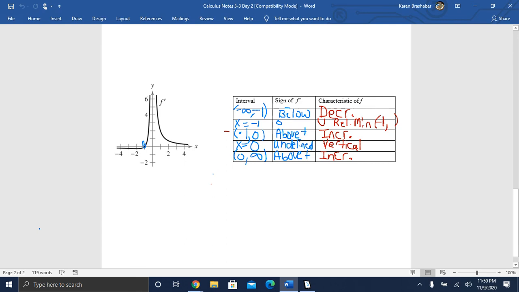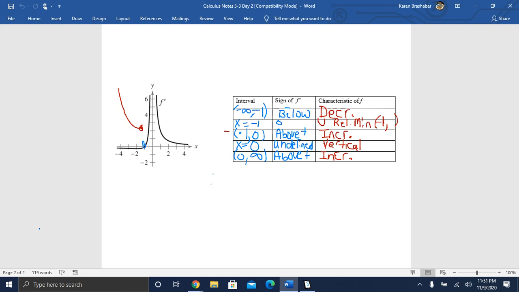One thing that has to happen is that from negative infinity to -1, we need to have a graph that is decreasing, so starting high and moving low. And then at -1, it needs to have a relative minimum.